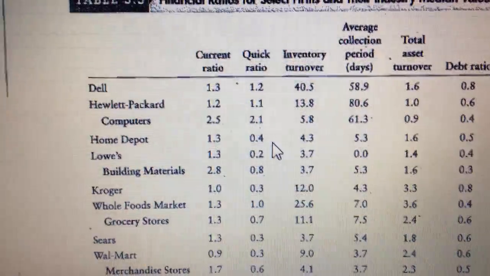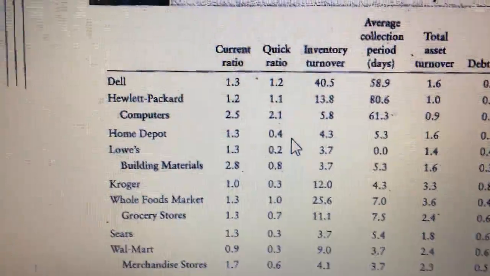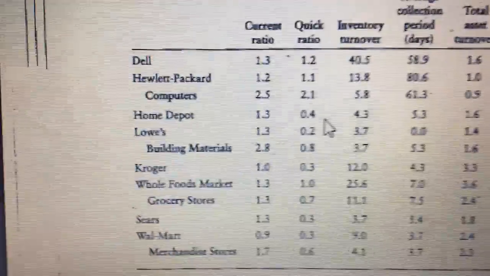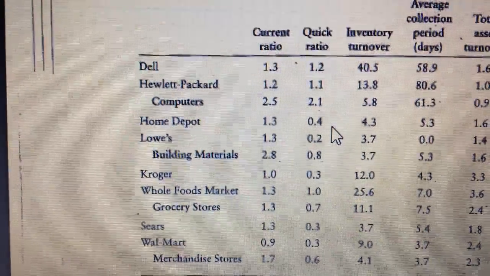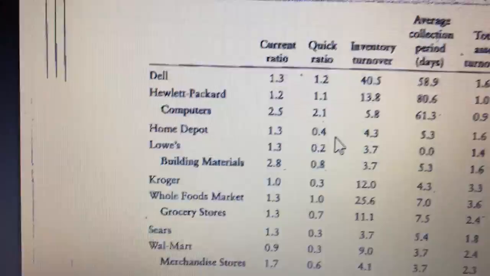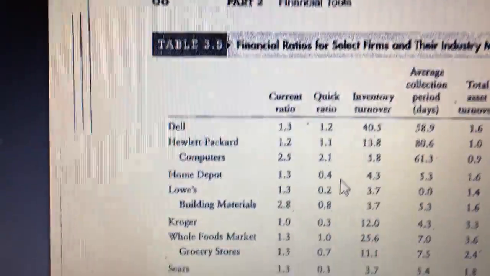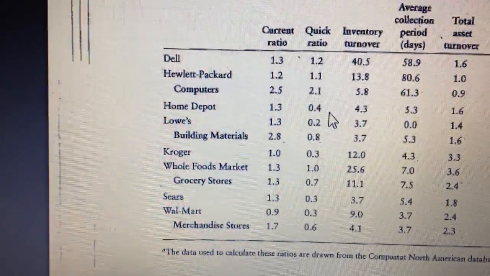Okay, that's a little bit time consuming and a little bit much, I suppose, for the day. We were going to go on, but I think maybe that's enough for me to start off with. So what I want you to do is take a look at your Apple financial statements.